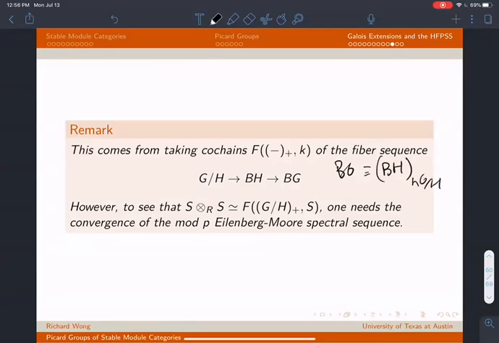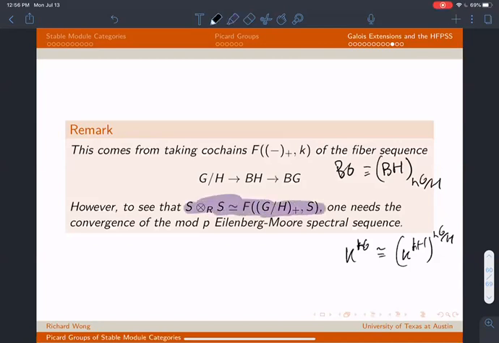So when you apply cochains, this tells you that the cochains on BG is the same as the G/H fixed points of the cochains on BH. But to show this tensor product part is a bit more complicated.